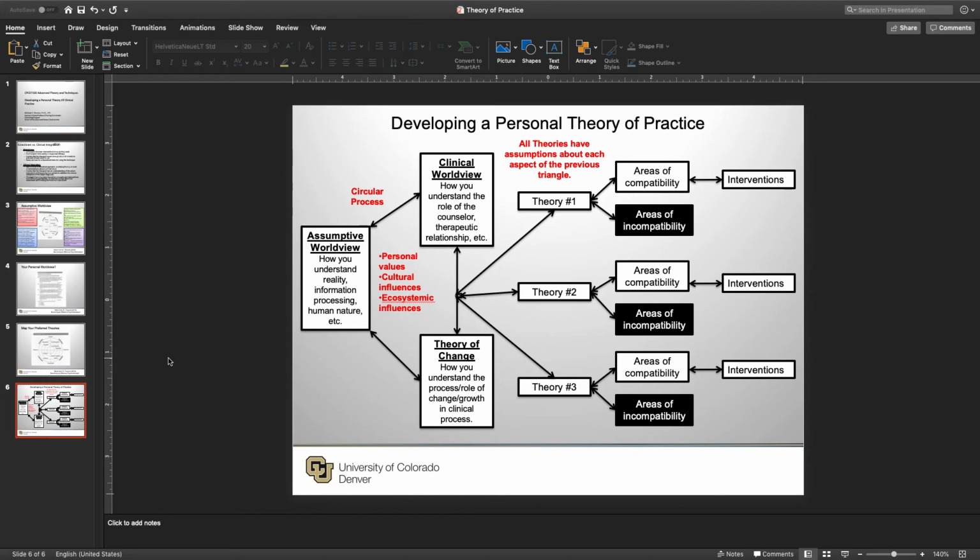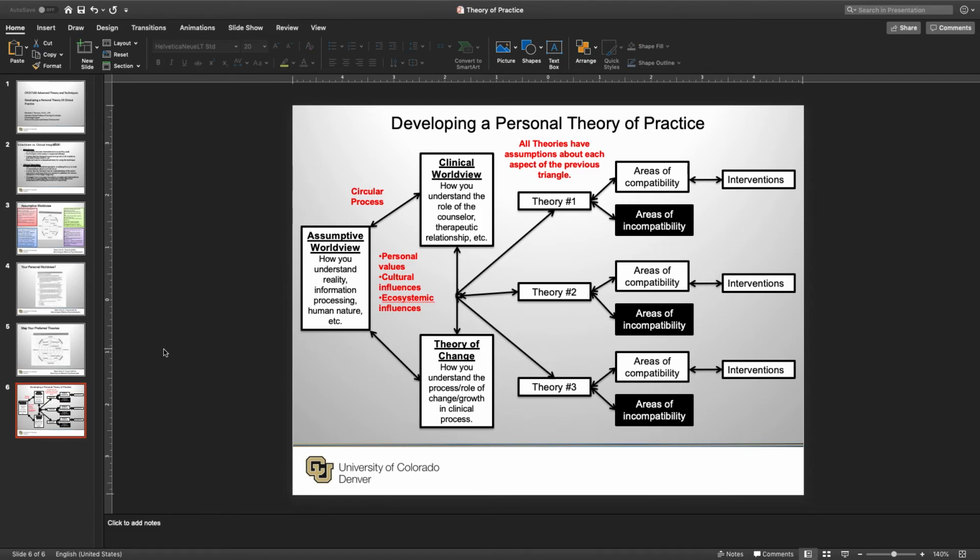And I really believe that our clients, I always say our clients are assessing us far more than we're assessing them. And so any form of inconsistency or incoherence that they can detect in us actually creates distance between us and the therapeutic process, or roadblocks in the development of the therapeutic relationship.